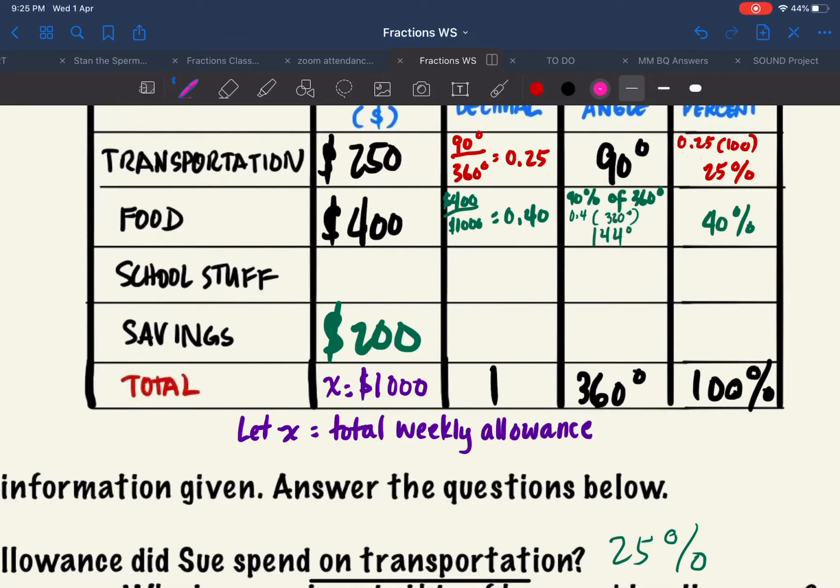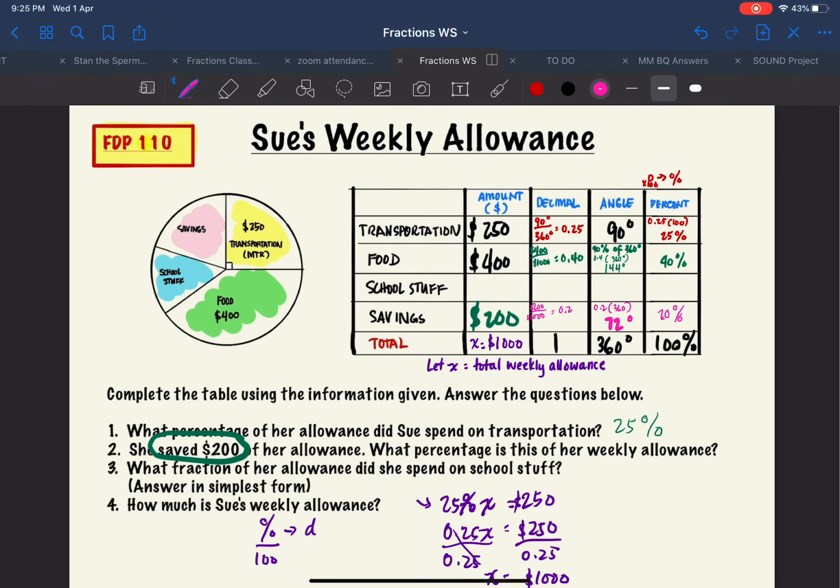So that would be $200 divided by $1,000 gives you 0.2, 20%, and 0.2 times 360 gives you an angle measure of 72 degrees. Okay? So now, do we know the percentage of our saved allowance? Yes. 20%.